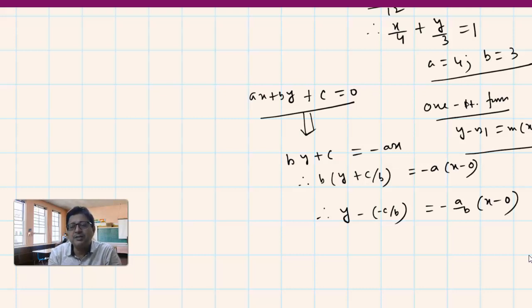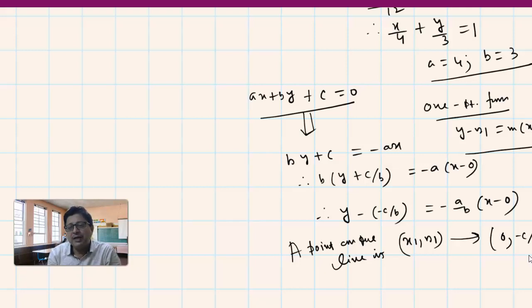If you compare with this, x1, y1, a point on the line, is 0, minus c by b. And what is the slope of the line? Slope m equal to minus a by b. Okay. So the general equation of a straight line can also be expressed in one point form.